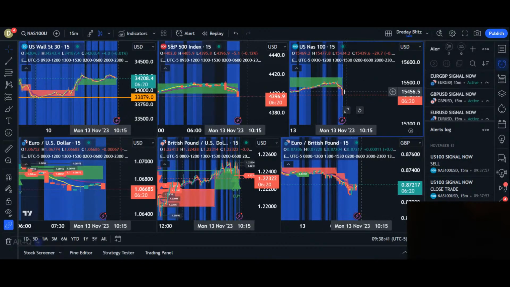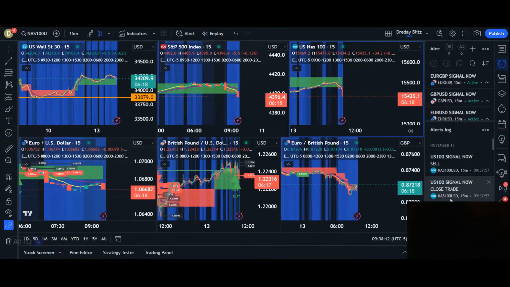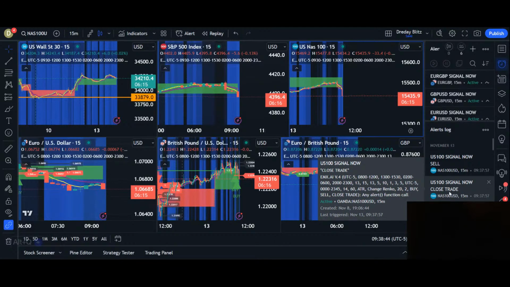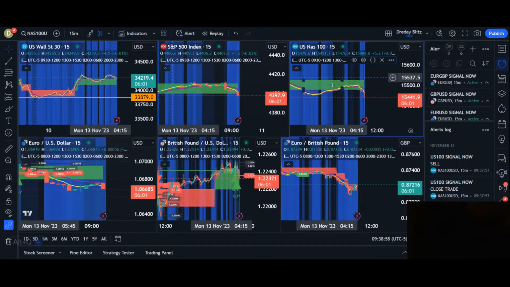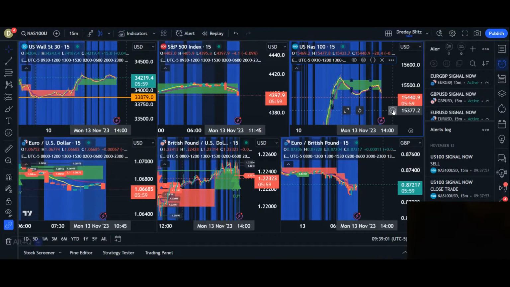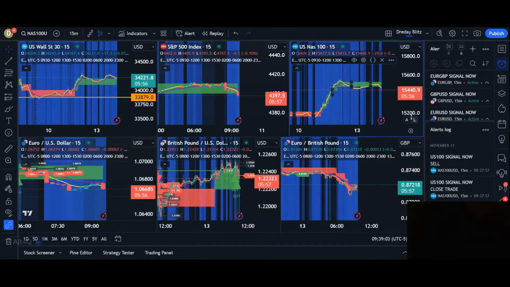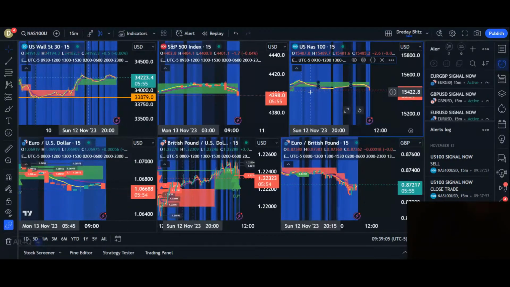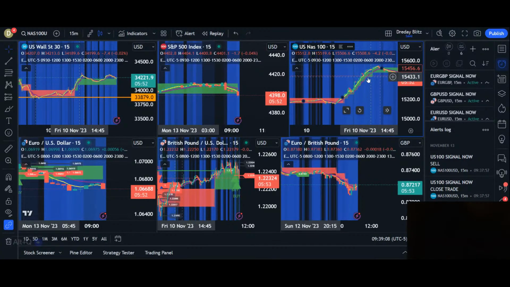So when it goes red, you're going to receive a signal saying that the trend is changing. Right now, I put it as closed trade because on my end, I know exactly that I need to close my trades that were in the bullish sentiment, because if you go back on the indicator, I think we had a buy.